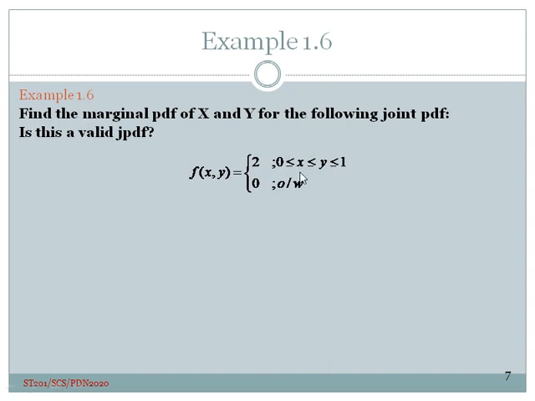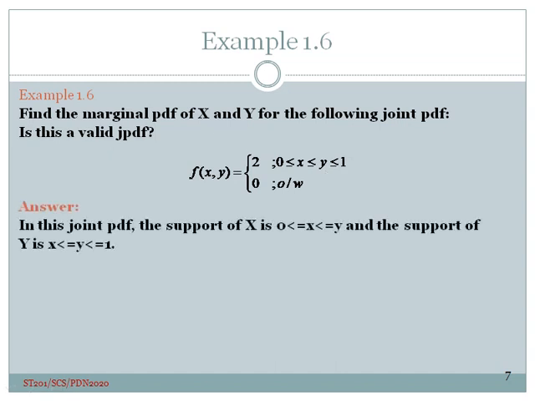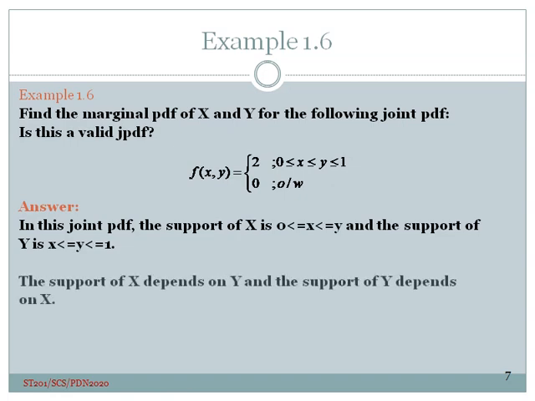Therefore, this example is different from previous examples. The support of x is from 0 to y, where the support of y is from x to 1. Hence, x and y are depending on each other. We have to consider this carefully when we do the integration.